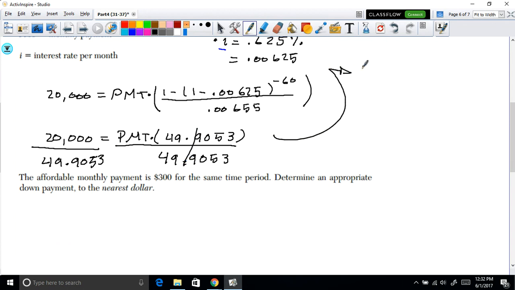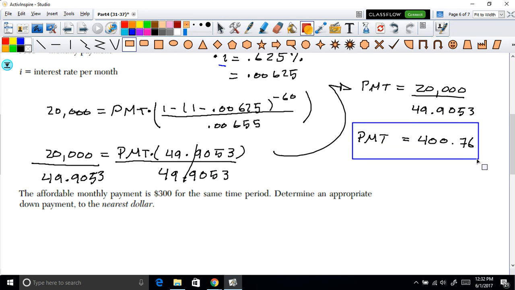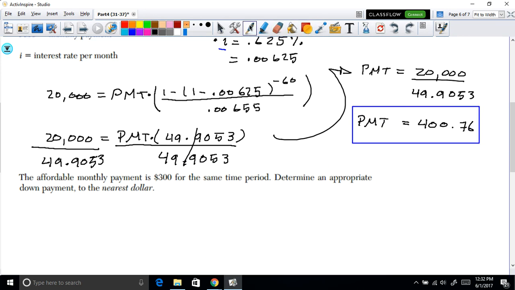So now we know that PMT is equal to 20,000 divided by 49.9053. And if we do this in the calculator, you will see that this is equal to 400.76. So we know that PMT is equal to 400 with 76 cents.